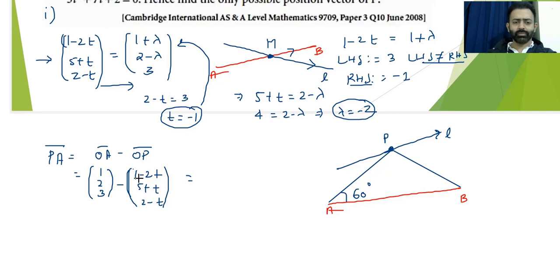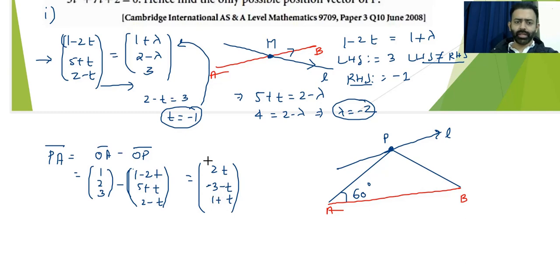So 1 minus (1 minus 2t) will be 2t. 2 minus (5 plus t) is minus 3 minus t. And lastly 3 minus (2 minus t) will be 1 plus t.